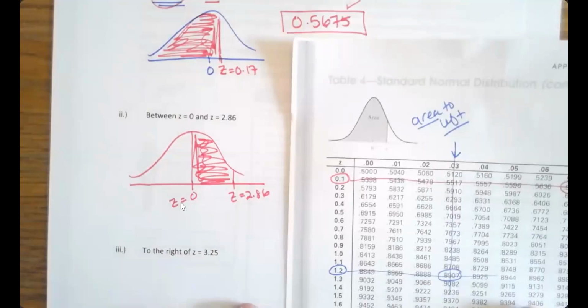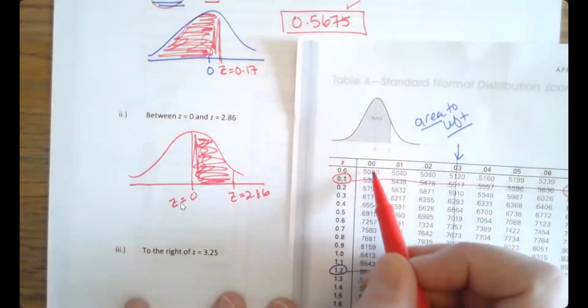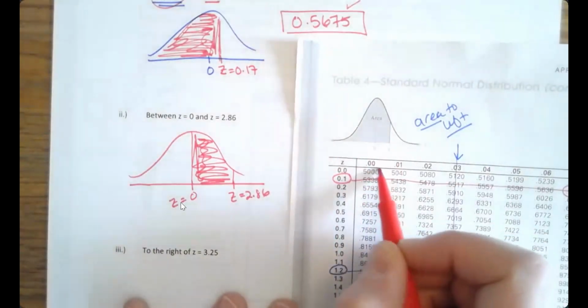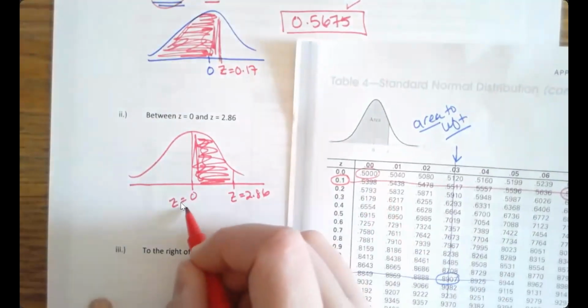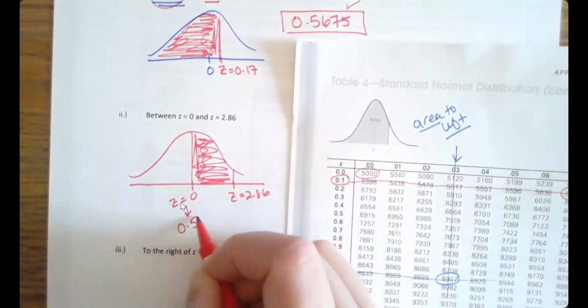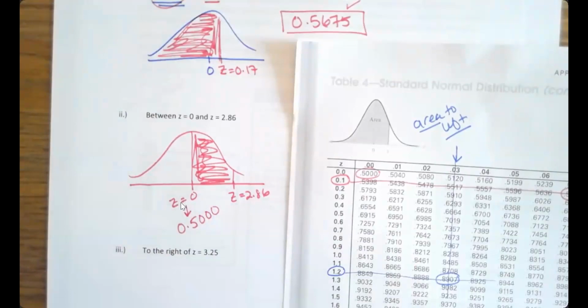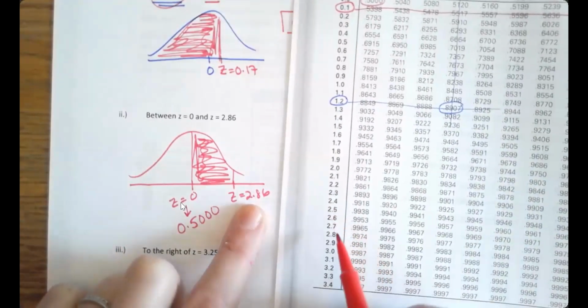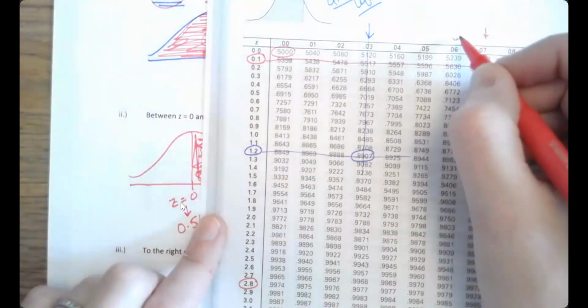So for z equals 0, as a little side note here, you can see it right here. And it's going to be exactly a half. So your area here is 0.5000. And then for 2.86, I'm going to come down here to 2.8. I'm going to go over to the 6.